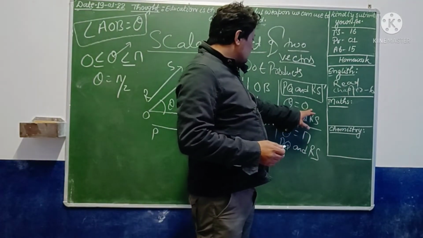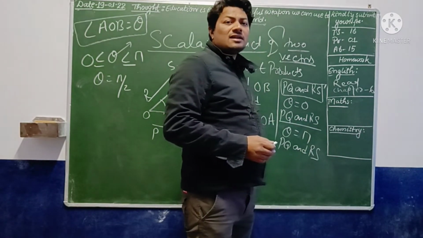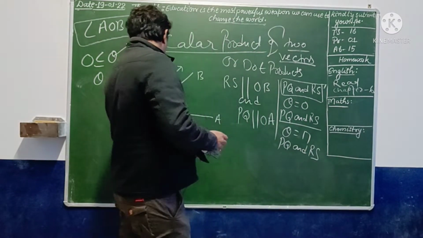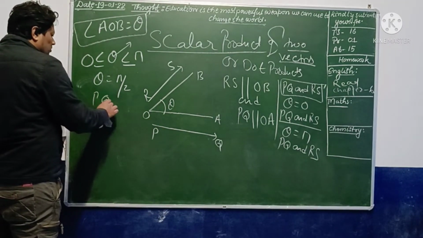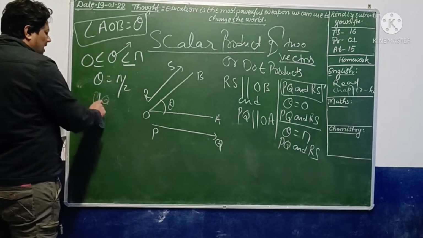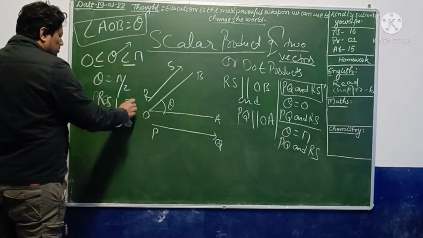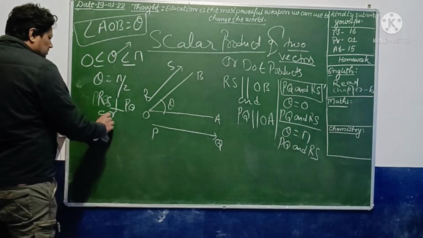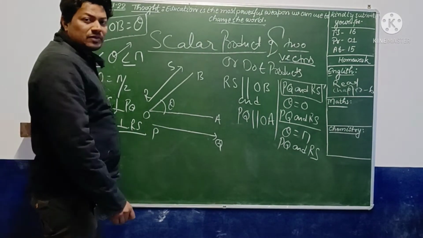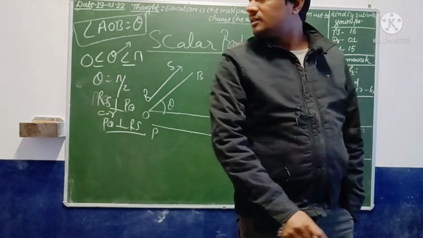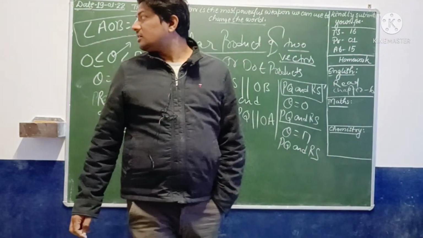And when theta is equal to pi by 2, RS is perpendicular to PQ, or PQ is perpendicular to RS. The angle between them will be 90 degrees.